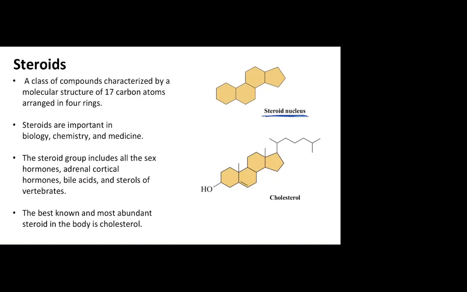They're utilized to make even vitamins like vitamin D. Cholesterol is the main one utilized to synthesize many of these. So let's now focus on, again, the most abundant and best known steroid in the body, which is cholesterol.